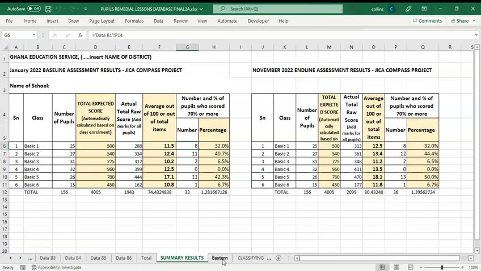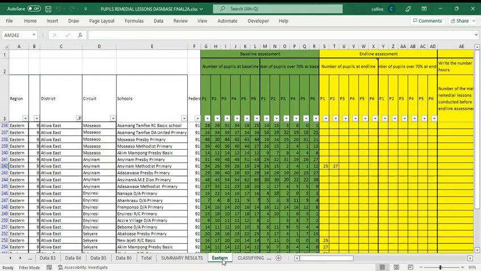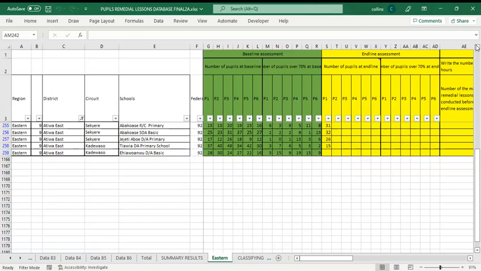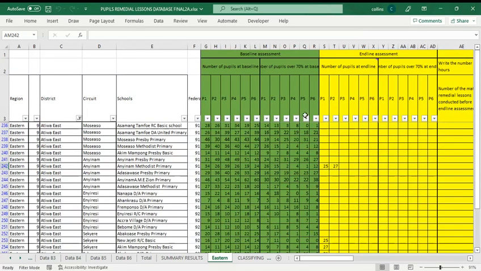When that is done, you go to the records for national and district analysis. This is what you have here. In actual fact, this template you have is for all the districts in the region.